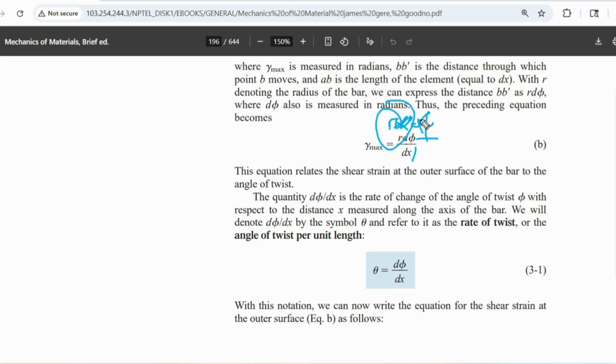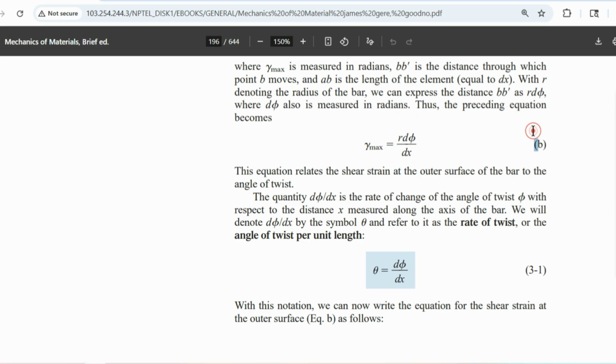It's a function of the radius and the rate, I think you would call it, just the derivative of phi with respect to x. The change in phi when changing a small distance x.